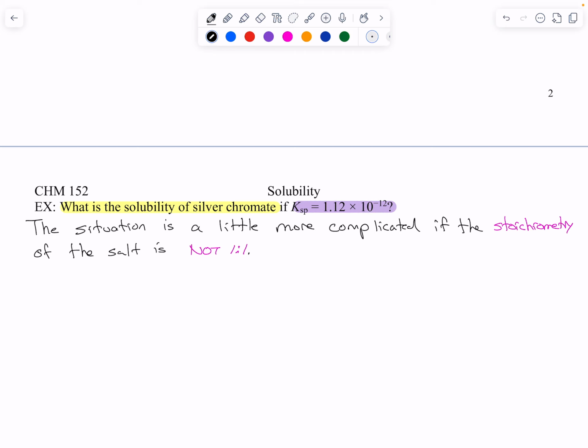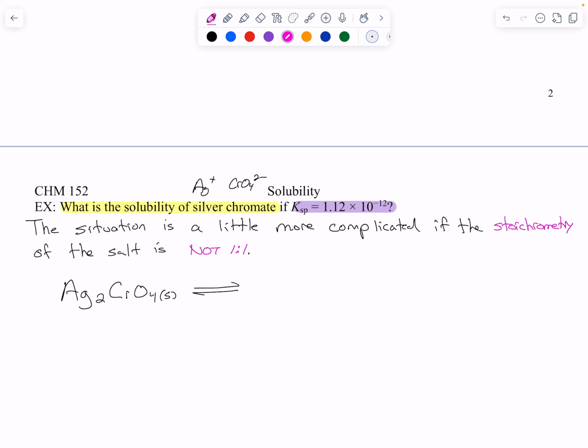Well, first thing we got to do, silver, Ag plus, chromate, CrO4 2 minus. All right. Well, what's the formula? So we have Ag2CrO4 solid.